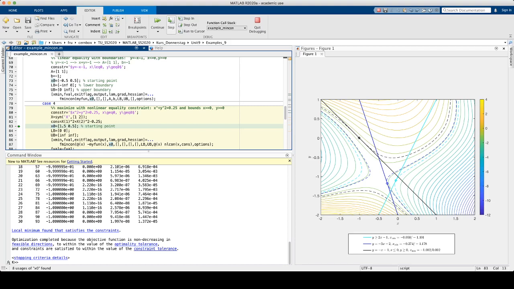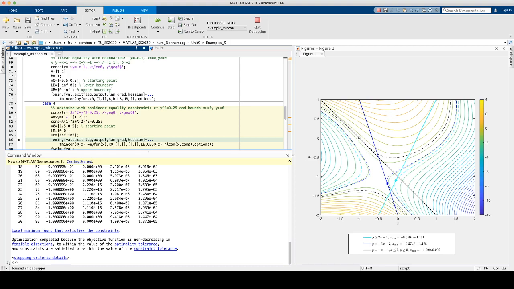We define a starting point. We define the boundaries for x and y. In this case, the lower boundaries are 0, both for x and y, and the upper boundaries are infinity for both x and y. Now, how do we pass the constraint to fmin_con?